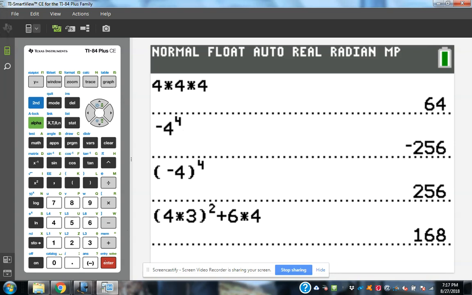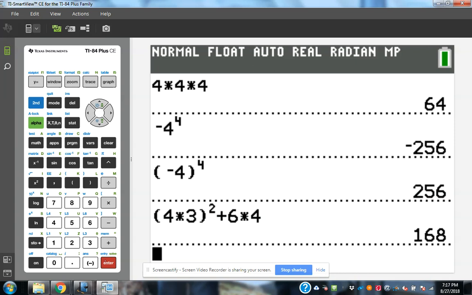It does the order of operations for you automatically. You don't have to think. Okay? But you're a button pusher.